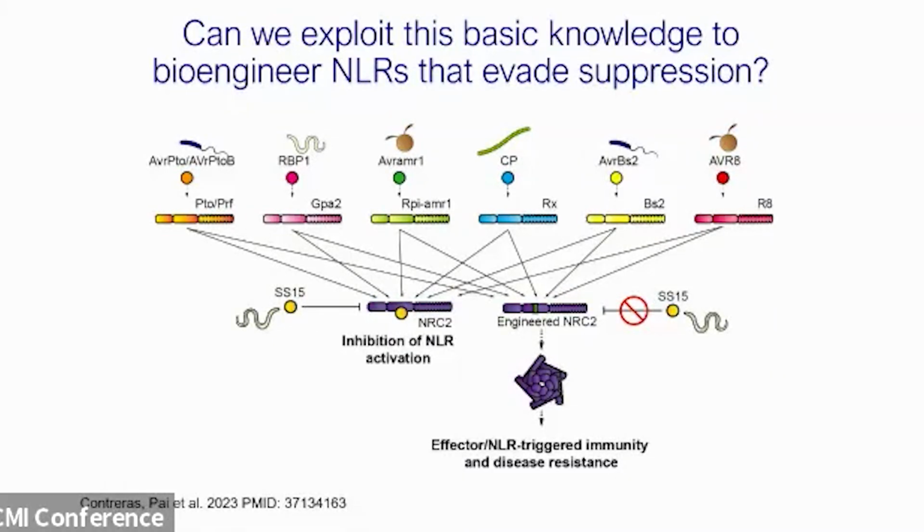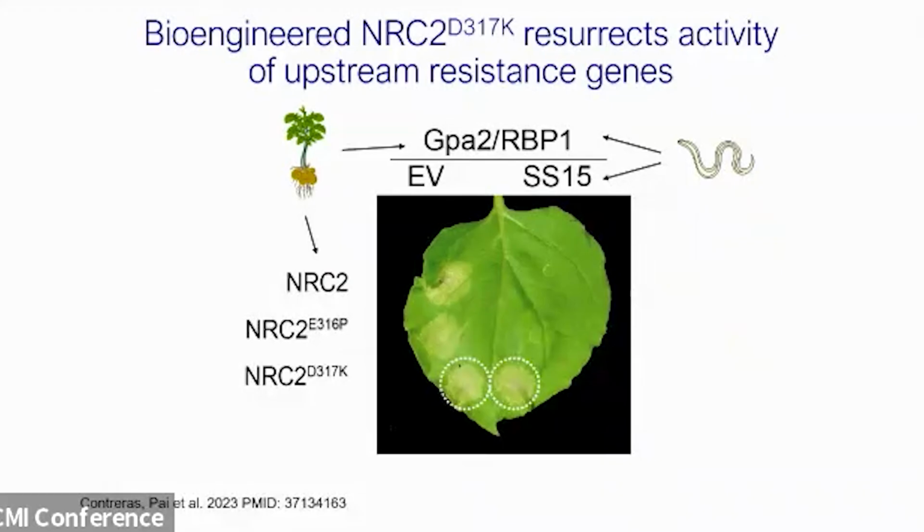So we reasoned that if we take one of these helpers and mutate that interface, because we know the interfaces, that's the value of actually knowing the interfaces, we can introduce point mutants and really resurrect these genes that are normally inhibited and suppressed. So we did this already as a proof of concept with the nematode effector.